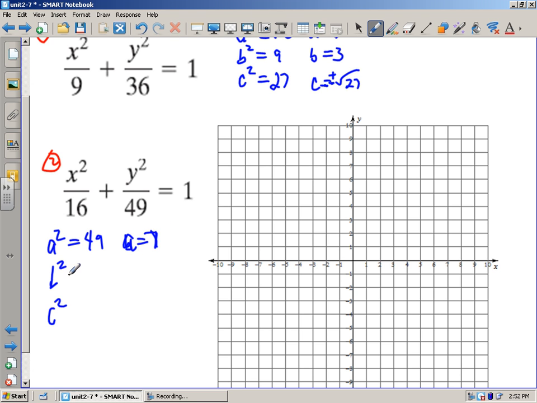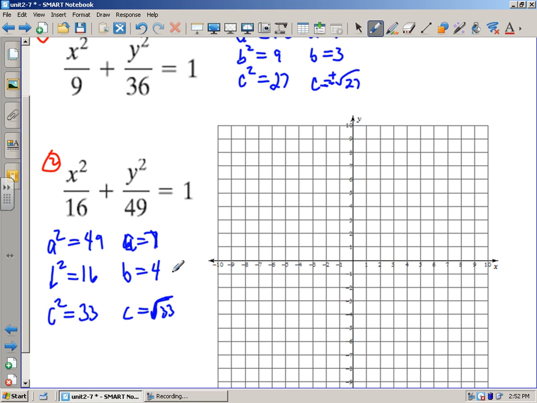B squared is 16, so b equals 4, and c squared is 49 minus 16, which is 33, and c is the square root of 33, which is what? Less than 7, less than 6, it's like 5.7, 5.8, something like that.